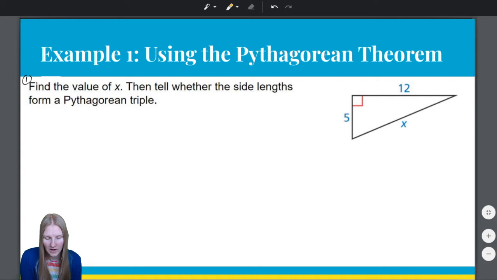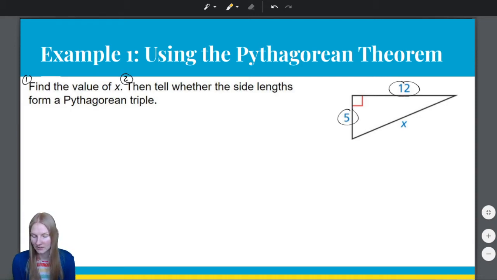First, we want to find the value of x, and then we want to tell whether the side lengths form a Pythagorean triple. So, the side opposite the right angle is the hypotenuse, and so x is the hypotenuse.